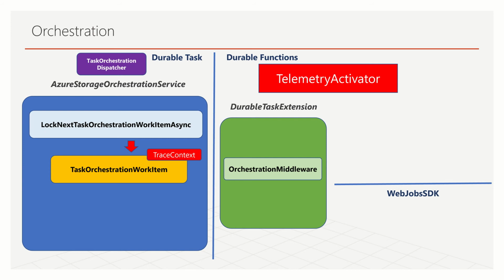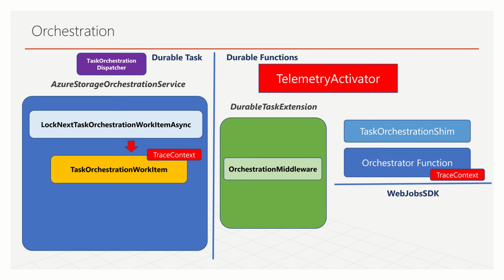You can refer to this. Inside the orchestration middleware, the dispatcher gets the value from the task orchestration shim, which is some kind of wrapping class and context for the function execution.